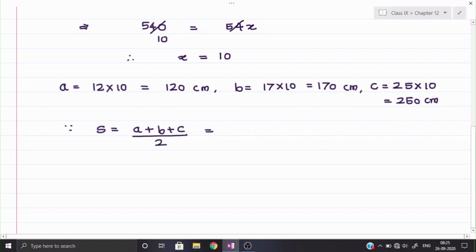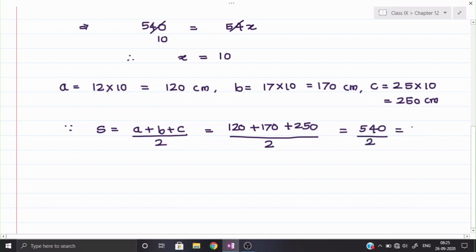Put in the values of a, b and c, that is 120 plus 170 plus 250, whole divided by 2. When I add all three, I get 540 upon 2.